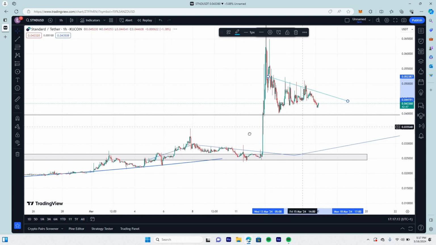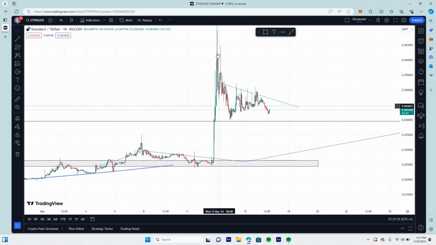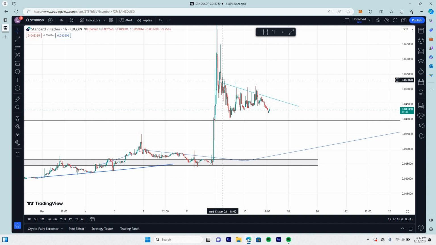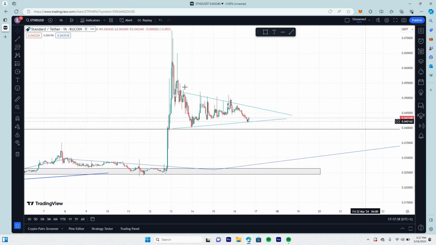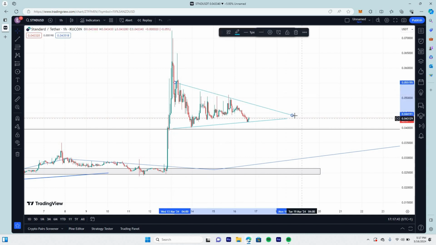Looking at the 1 hour time frame, we could see a possible bullish flag forming, where this is the flag and here is the downtrend that's forming. Here we could see a perfect bullish flag. Here's the upper part of the trend line and this is the lower part.